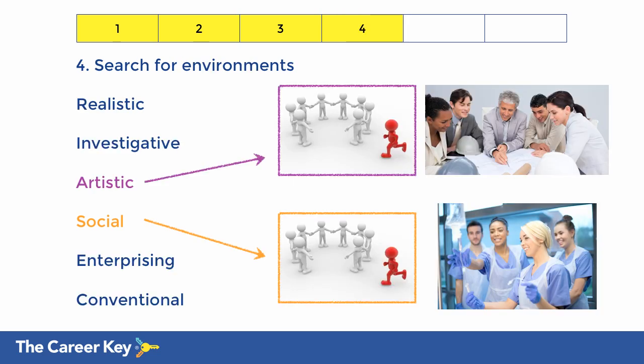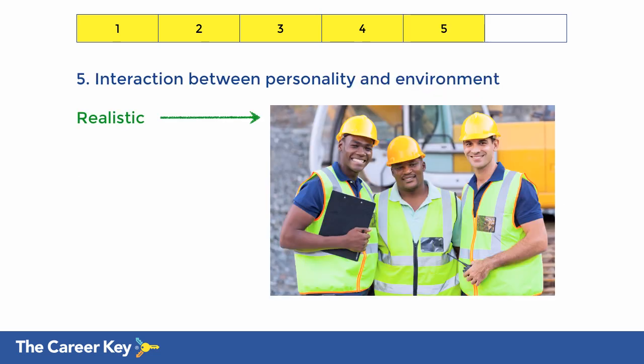Fourth, people search for environments where they can use their skills and abilities and express their values and attitudes. So, for example, artistic people search for artistic environments, social people look for social environments, and so on. Fifth, how you act and feel is affected by the interaction between your personality and the kind of environment you are in.